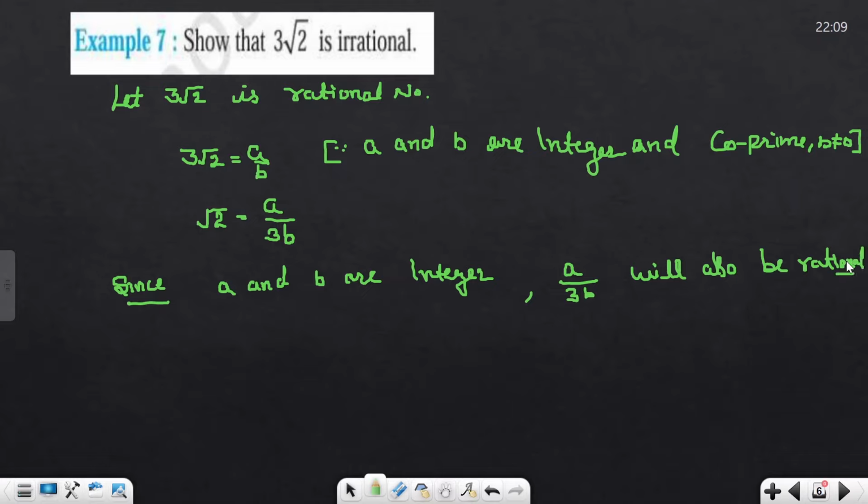It means rational. Therefore, root 2 is rational.